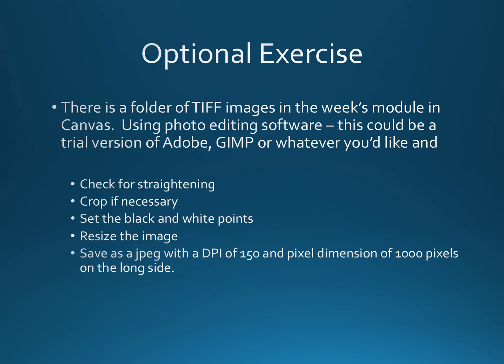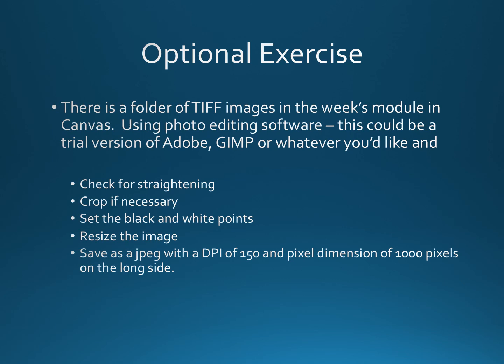And so you may not need to do any straightening. A couple of those images, though, do need straightening. So I want you to straighten those and then crop if necessary, and in most cases you will need to crop. And then I'd like you to set the black and white points.